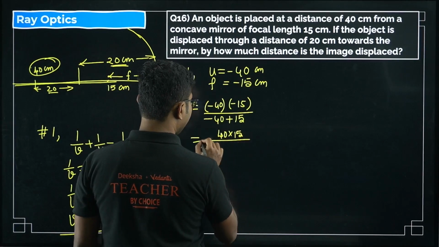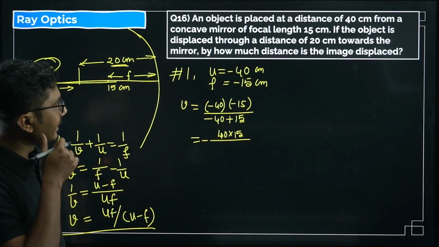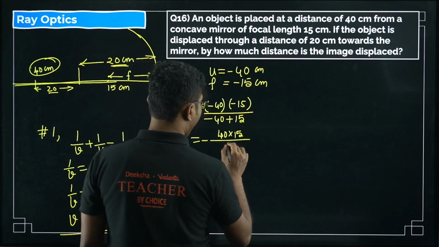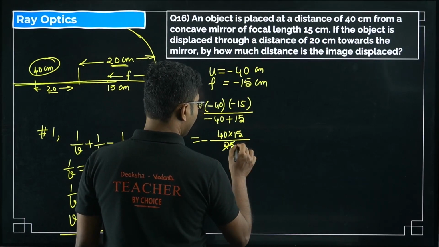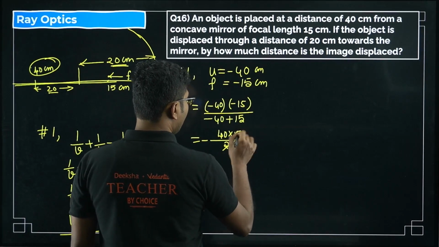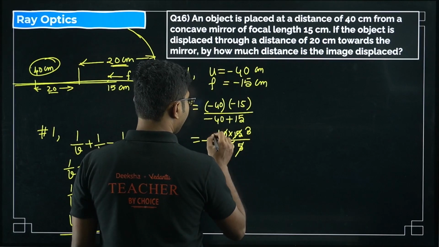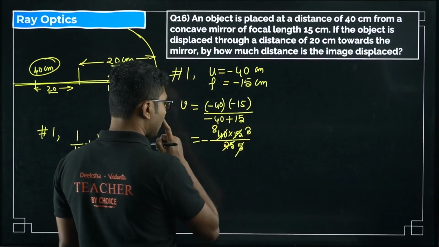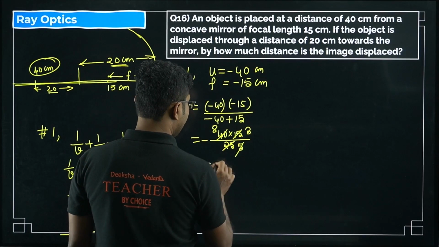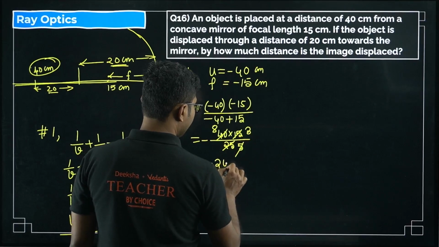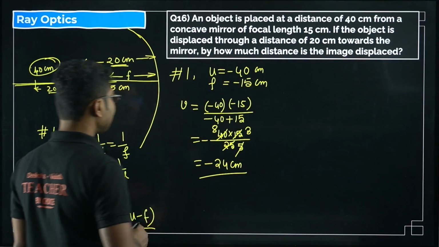Denominator will be negative, so a negative sign will come up and it will be 25. 5 5s are 25, 3 5s are 15, 5 5s are 25, 5 8s are 40. So it will be minus 24 centimeters. So initially it was minus 24 centimeter.